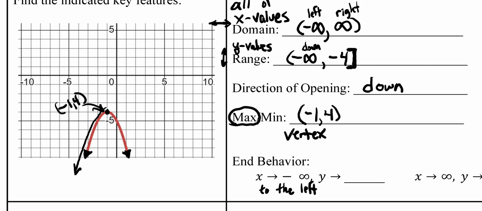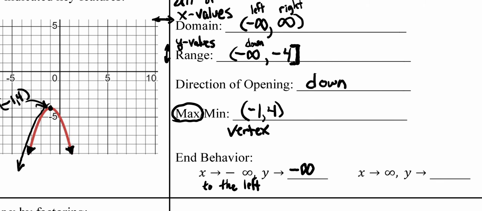And so we would say y approaches negative infinity. And then x approaches positive infinity just means what happens on the right, as x goes to the right. What does y do? As we go to the right, y is also going down. And so over here it's also going to be negative infinity.